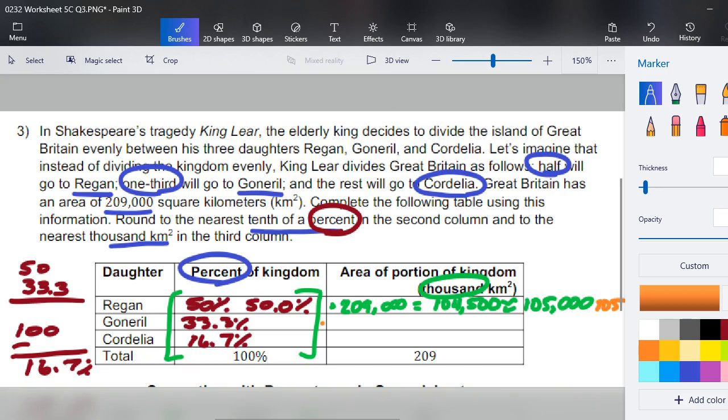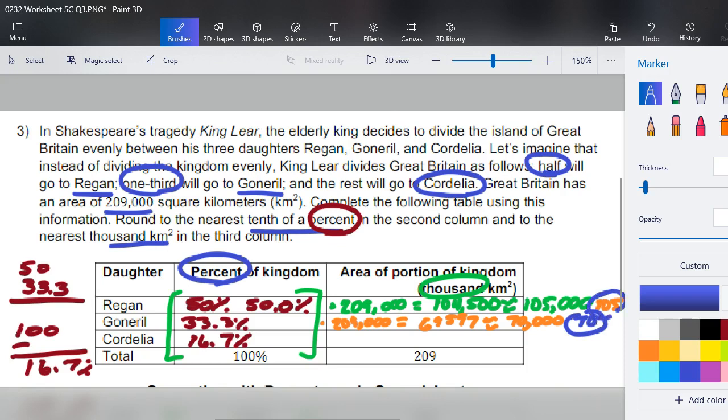We'll repeat the process. 33 and a third, 0.333 times 209,000. When I multiply these together, I'm getting 69,597, and that's going to be about 70,000 kilometer squares. But in this box, we are supposed to only write this in terms of thousands, so I'll write 70.